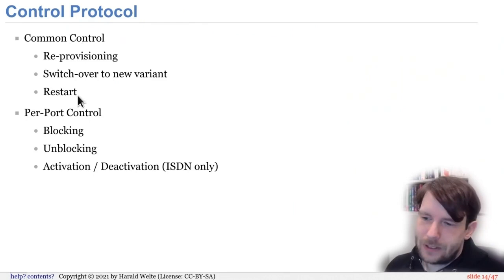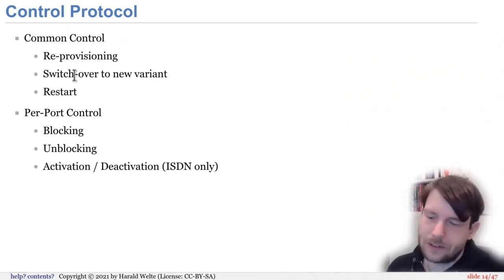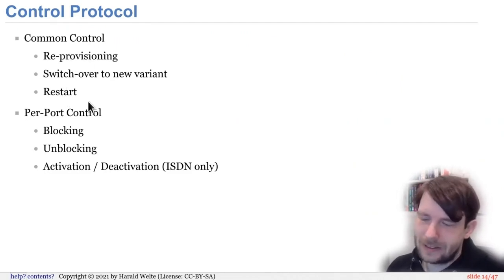And what kind of tasks do we have in the common control? We have the provisioning or reprovisioning of the system, or switching over to different variants of configurations, for example, also restarting of the equipment. So like global bring-up and provisioning-related stuff.